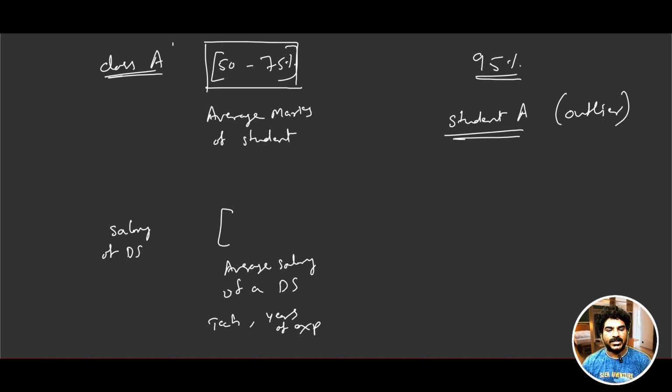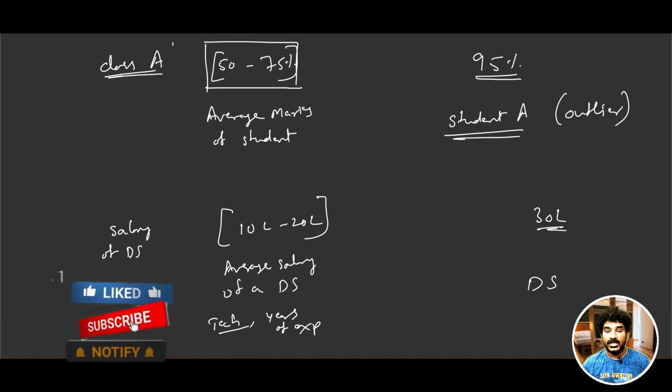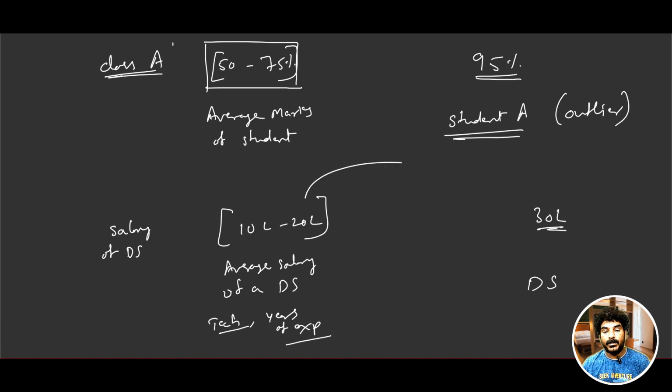Let's suppose the average salary is from 10 lakh to 20 lakh. There is another data scientist with the same technology and same years of experience who is getting 30 lakhs. There may be different factors, but that is a different matter; he's getting way beyond this average. So this is outside the pattern, outside this particular group, and this data scientist will also act as an outlier.